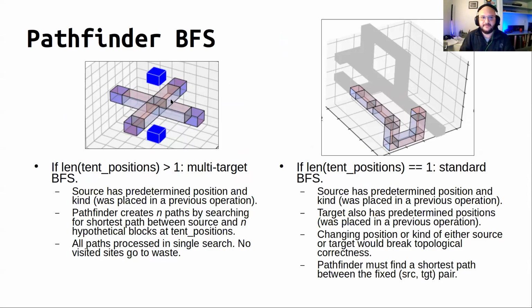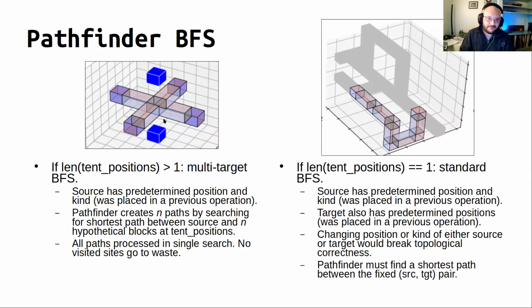So when you have an entirely new node, the source will be already placed. It was placed in an operation before, so you cannot move it, but you can select where you go with the target. So what it does is it defines a number of possible or tentative positions where the next node might go, and then it creates paths to all of them.